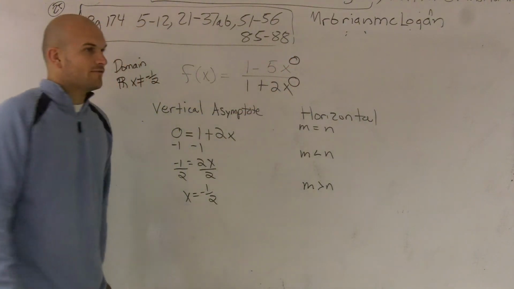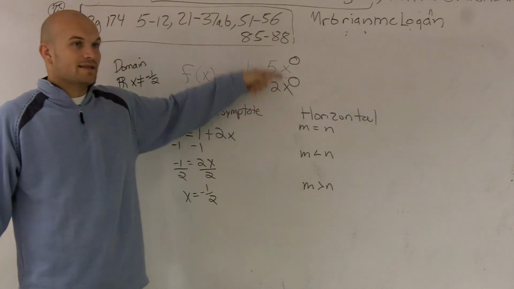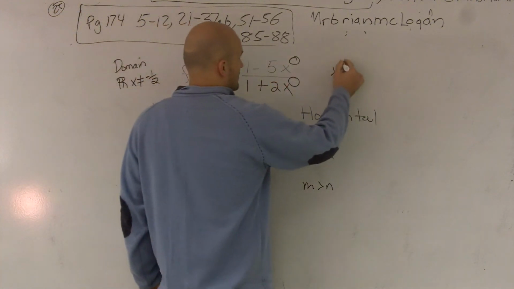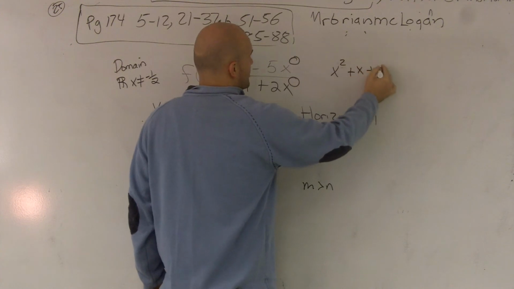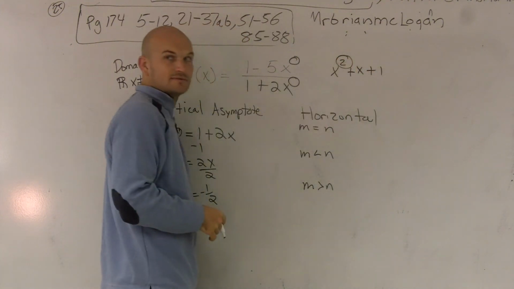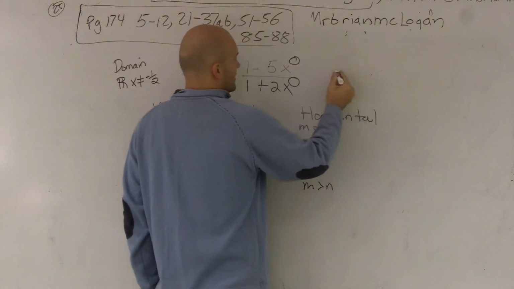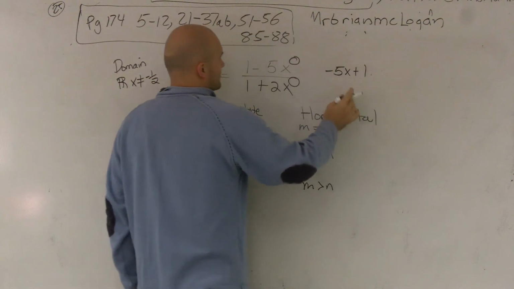Since this is my x value with the highest degree, this is going to be my leading term for each polynomial. Remember, x squared plus x plus 1, that's my leading degree, the degree of my polynomial. Here I have -5x plus 1.